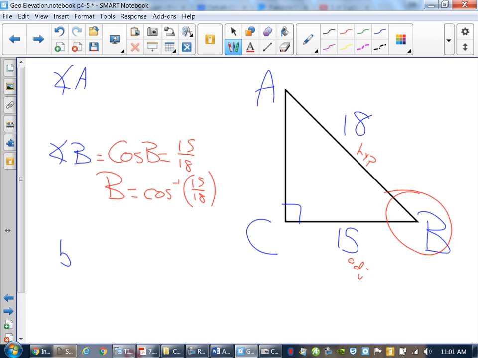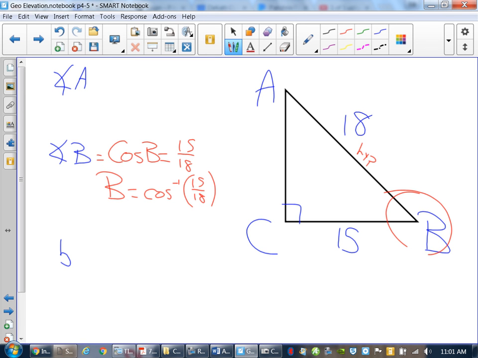But how do you know which trig function to use? It's all about what angle you're starting with. If I start at B, 15 is its adjacent. 18 is always the hypotenuse.